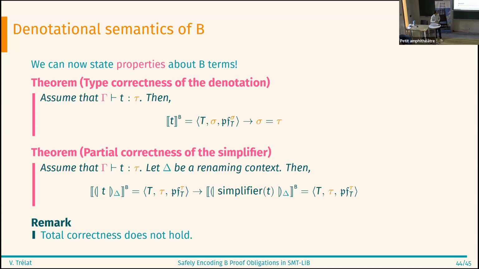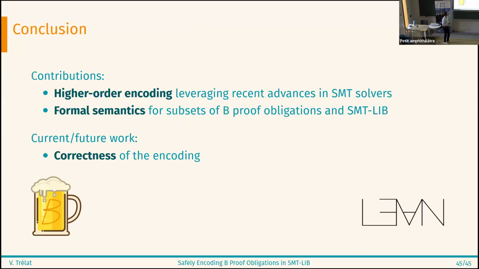I think 4 cases are remaining. In total, I have 26 or 27 constructors, and 4 cases are remaining. This is only about the denotation.